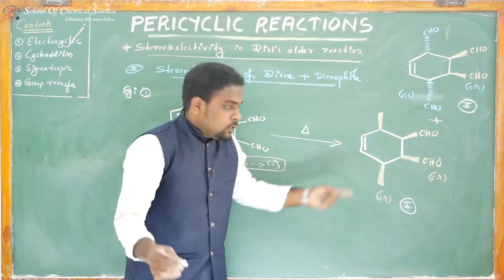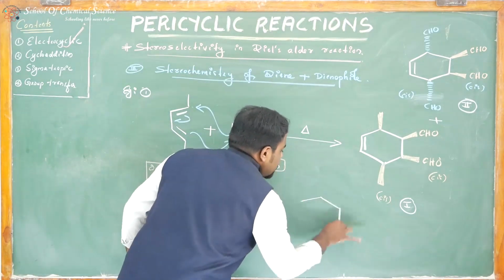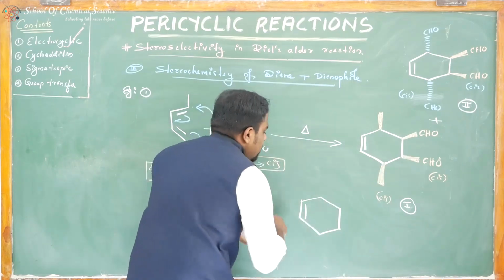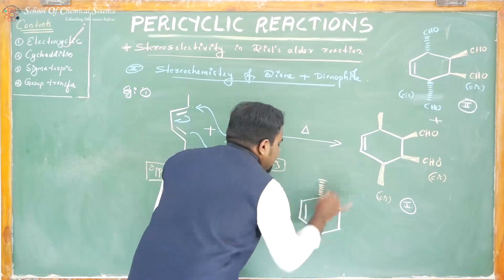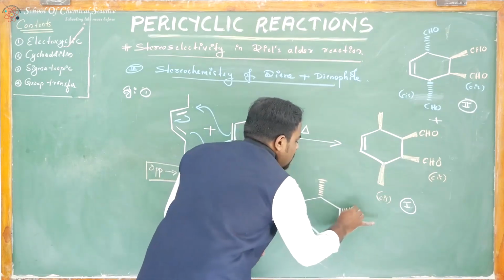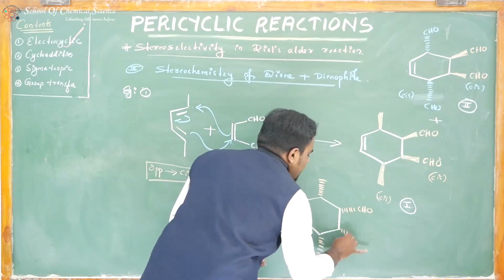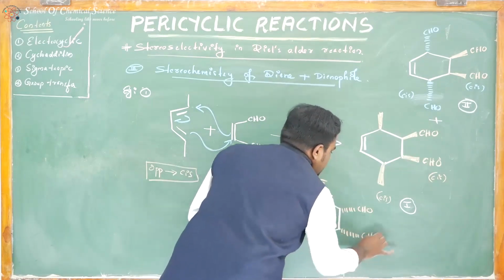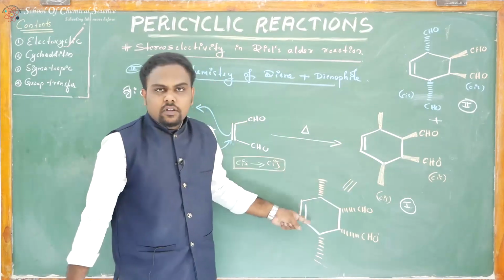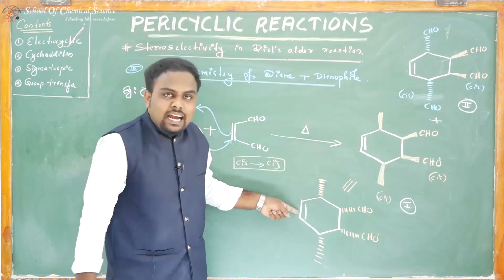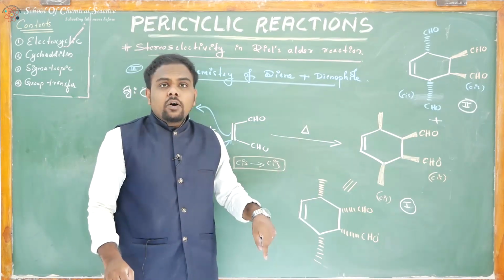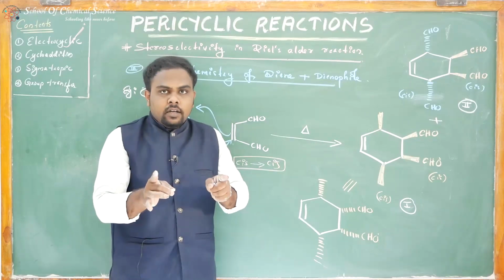This product can also be written in another form. Sometimes in question paper, this product will be given in this fashion. For example, 2 methyl groups on same plane, both CHO in same plane. These two are identical. Both these structures are identical. Clear? Above or below depends on the observer.